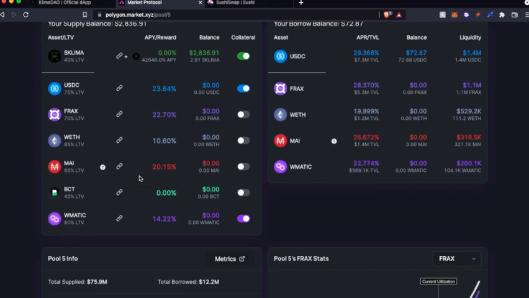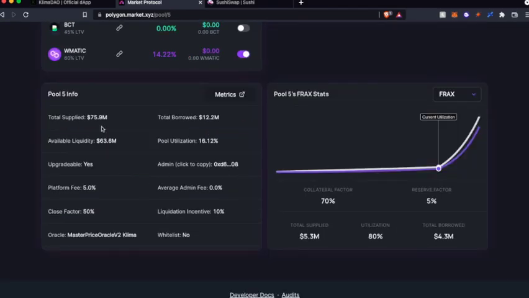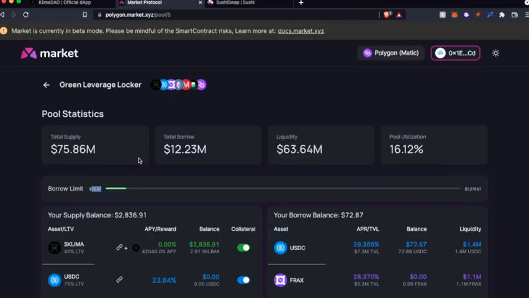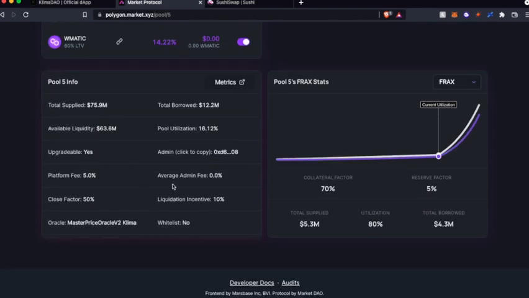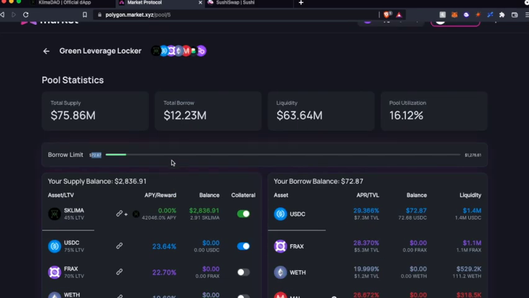That's the main reason I have not taken a lot of loan from this site. I hope the market.xyz team improves on this and becomes more transparent on the liquidation price. It becomes easier for everyone.